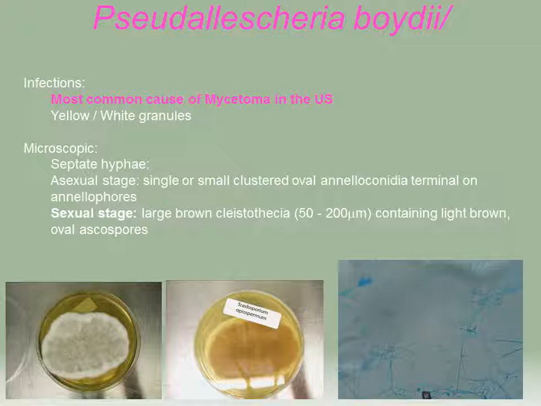So the asexual stage has single or small clustered oval annelloconidia. They've applied a specific term to the type of conidia, and those annelloconidia are on the ends of annellophores. So lots of confusing terminology. Don't let yourself get too bogged down with it.